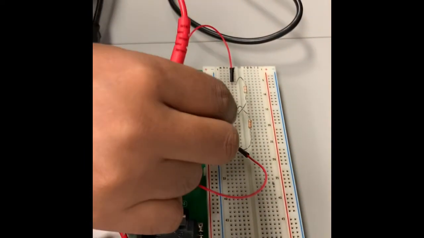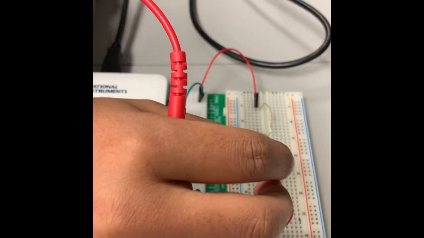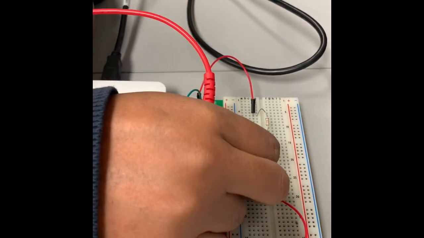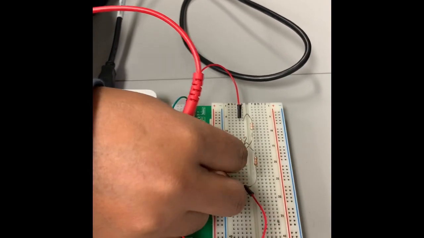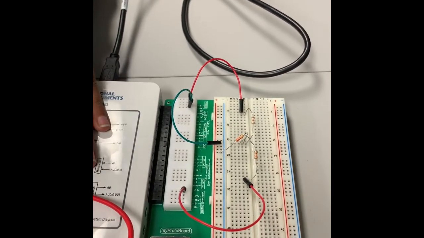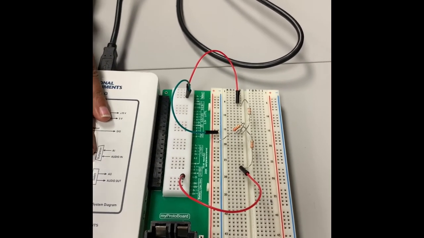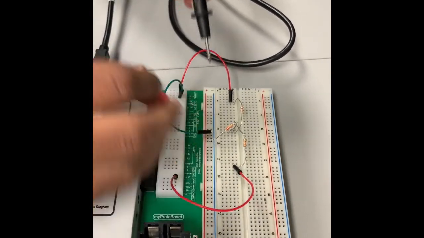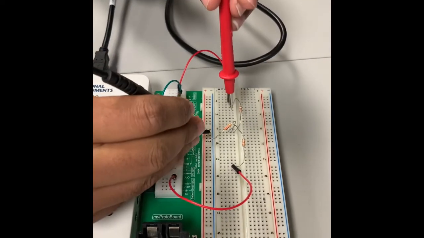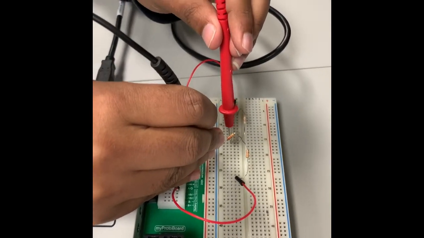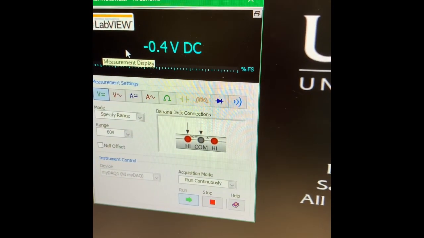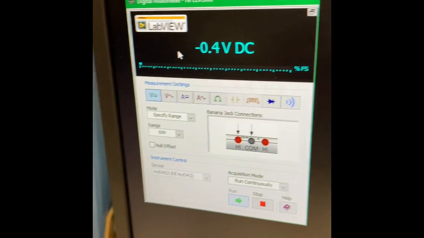So next we'll do the voltage across R3 with both sources. And we see a reading of negative 0.4 volts.